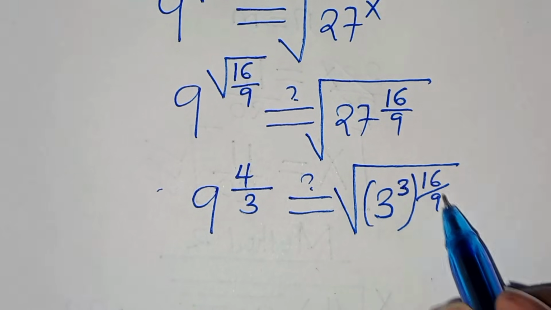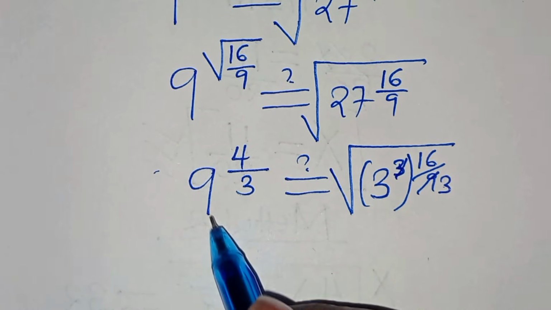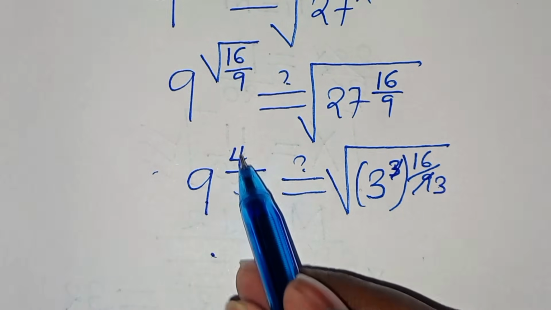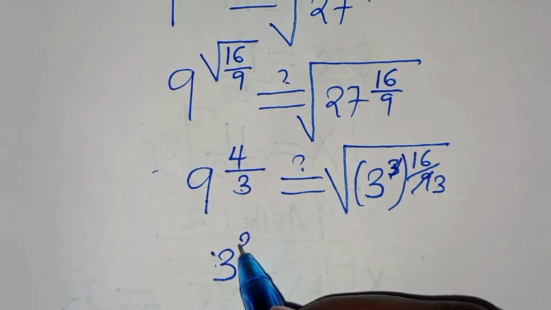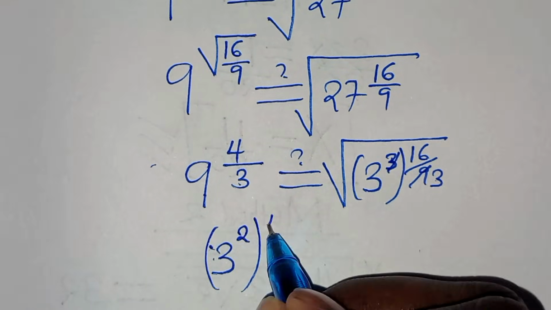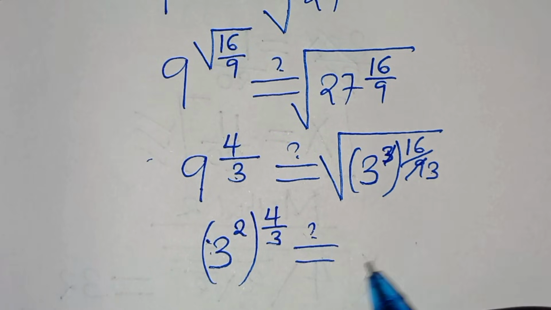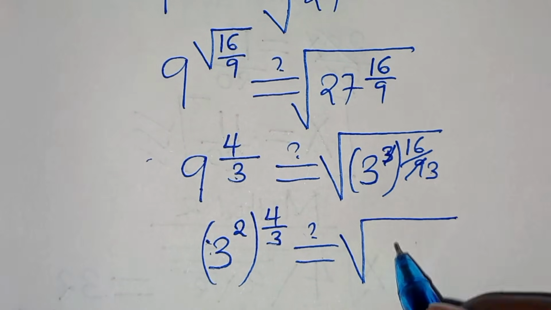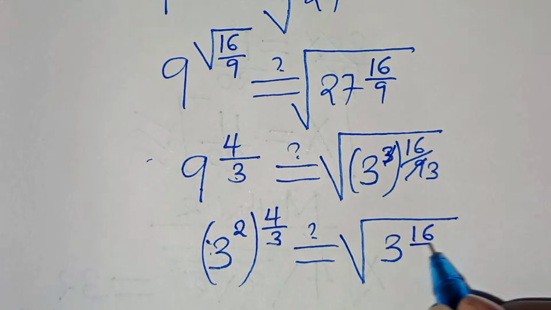This is 9 to the power of 4 over 3, which is 3 to the power of 2, raised to the power of 4 over 3. This should be equal to the square root of 3 to the power of 16 divided by 3.